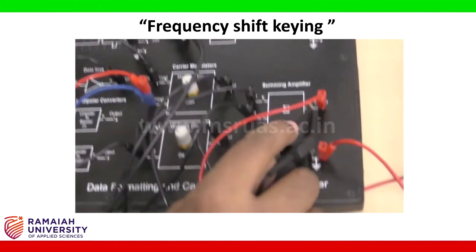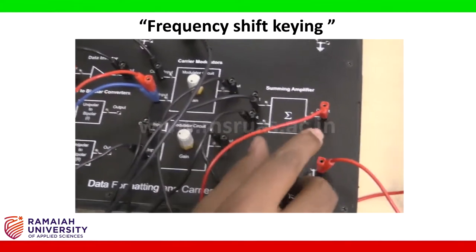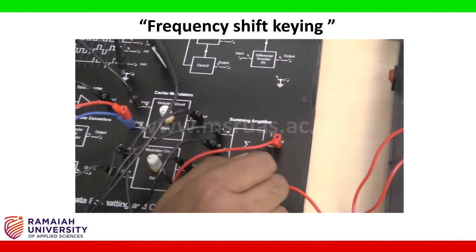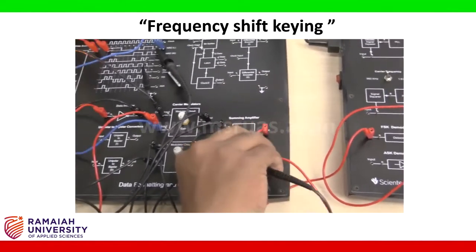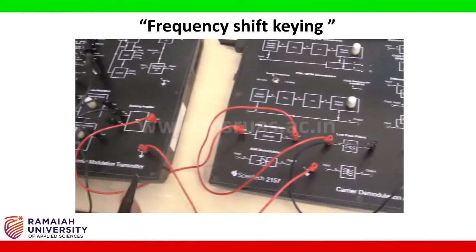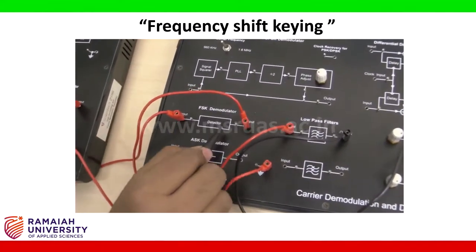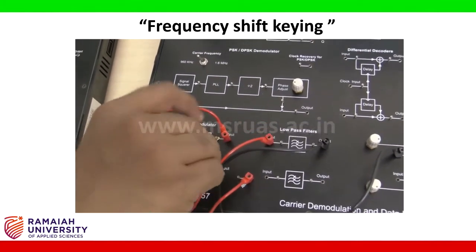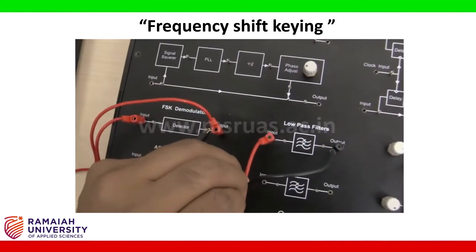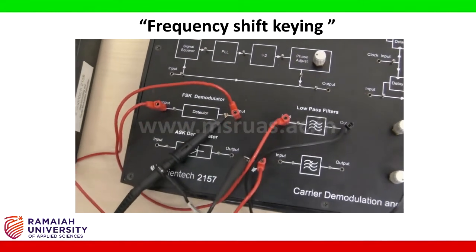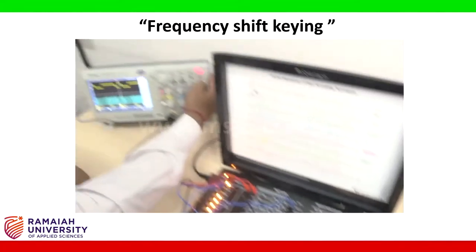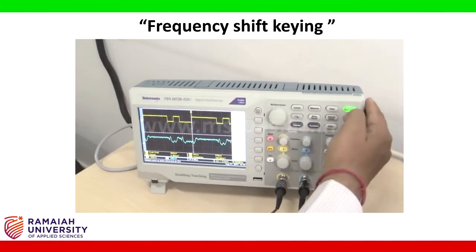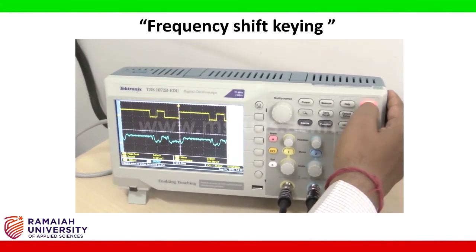Now we are going to connect channel 2 to the FSK demodulator output and the negative to the ground. Now again press the auto set option and run and stop.